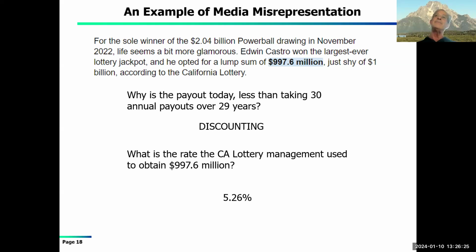You can take a lump sum. Well, they come up with a number. Well, there are rules regarding what numbers for annual payouts over 29 years. And the one I used in this example, just to keep it consistent, was 5.26%. But that is no different than the loan.